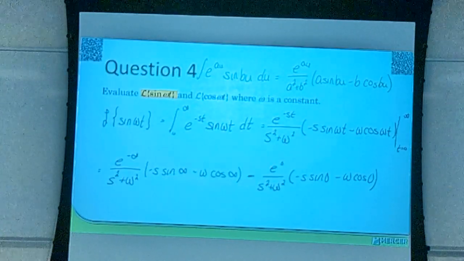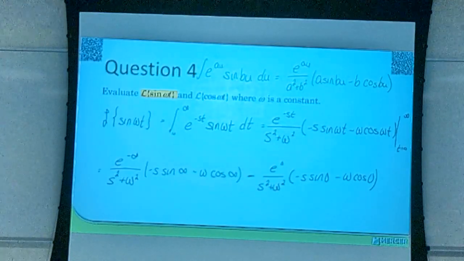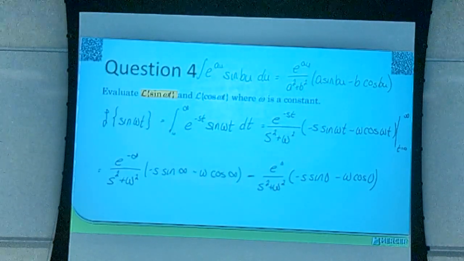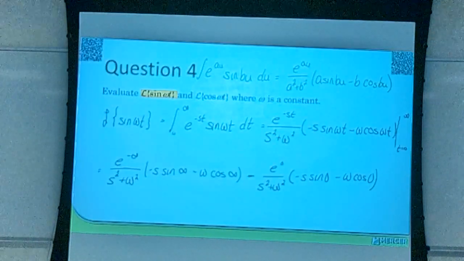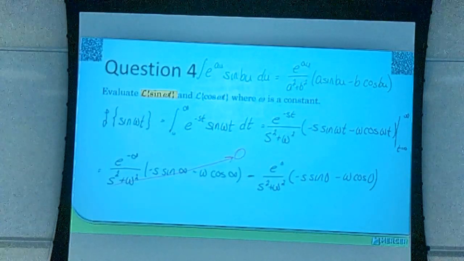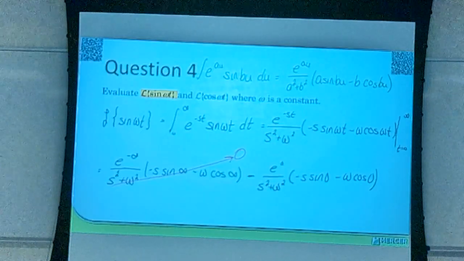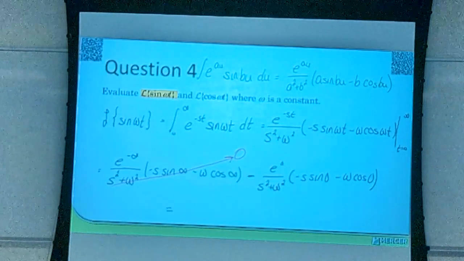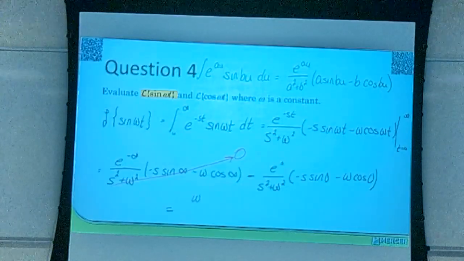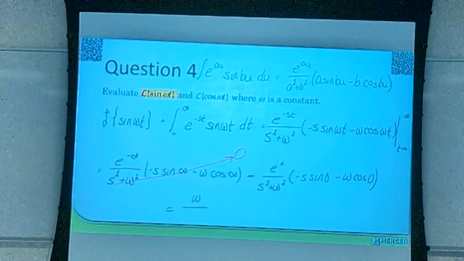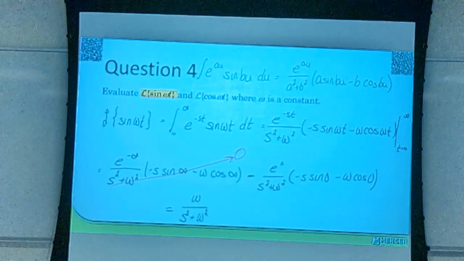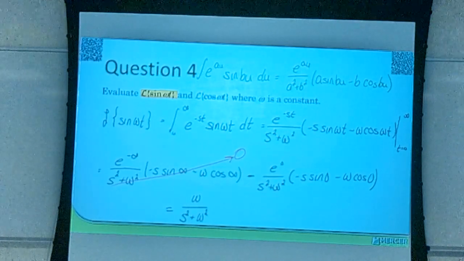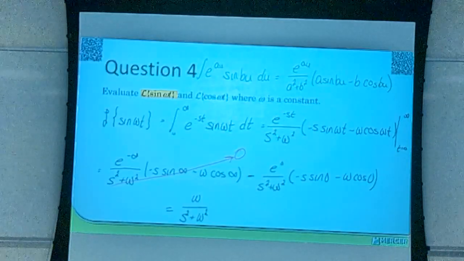Even though that may be oscillating, multiplying by something that's shrinking to 0, the whole thing shrinks to 0. Left with omega over s squared plus omega squared.